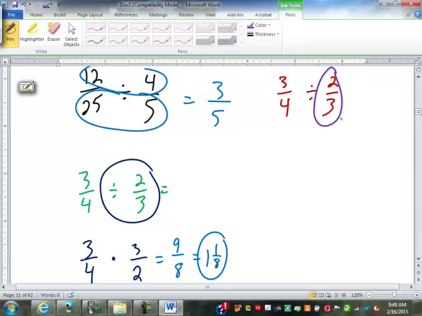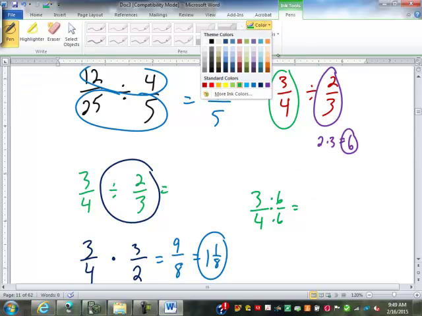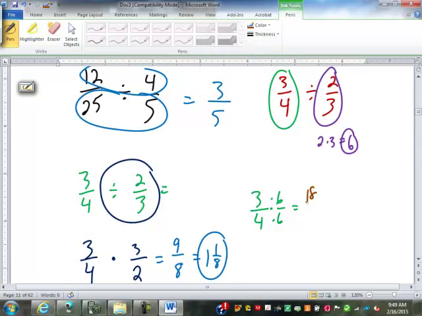So we take the 2/3 and we do 2 times 3 is 6. So what that 6 is telling us is we use that to rename this first fraction. So 3/4 is going to get renamed by multiplying by 6 over 6, which is 3 times 6 is 18, 4 times 6 is 24.